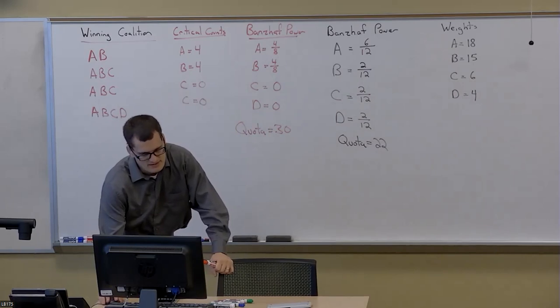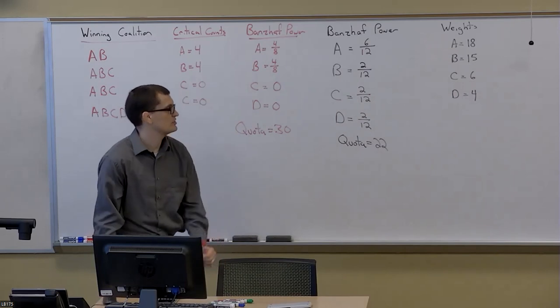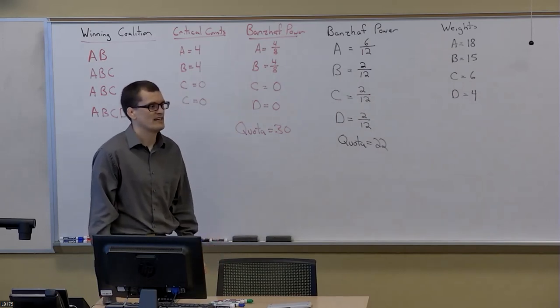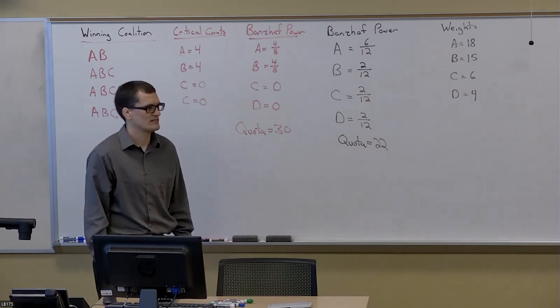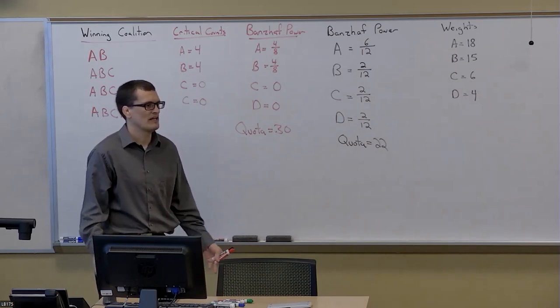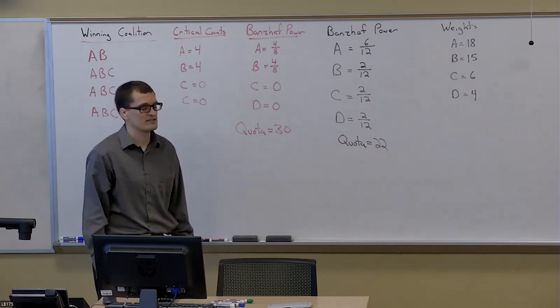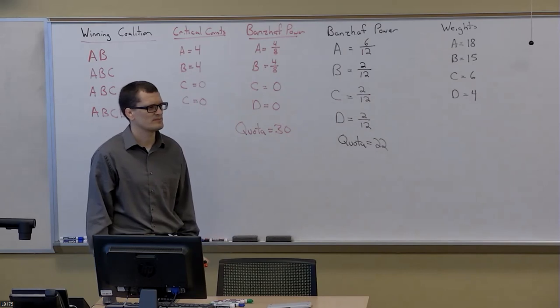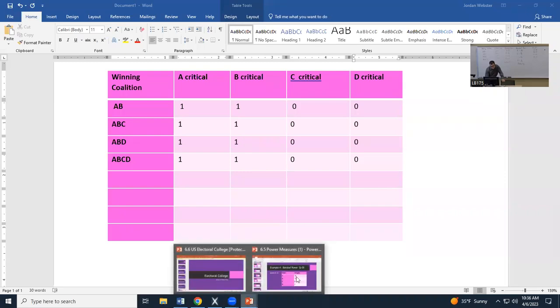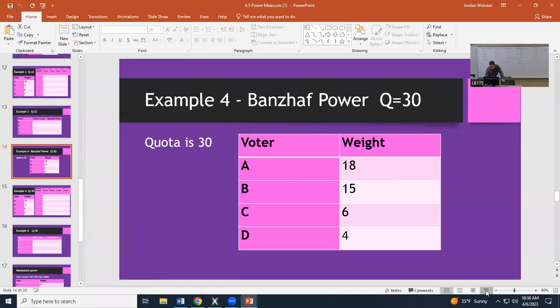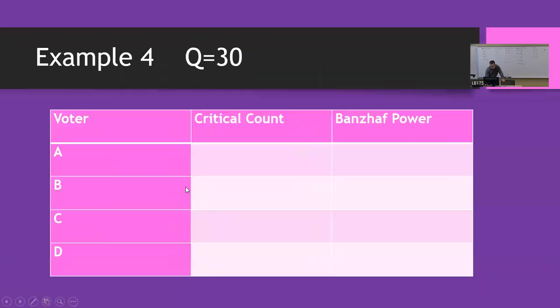So in this case, you'd have to make the quota 43, and you'd see that the only winning coalition is A, B, C, D. And then they're all critical ones. So all the critical counts will be 1, and they'd all have a Banzhaf power index of 1/4. That makes sense? So there you go. And you can manipulate that a number of different ways.